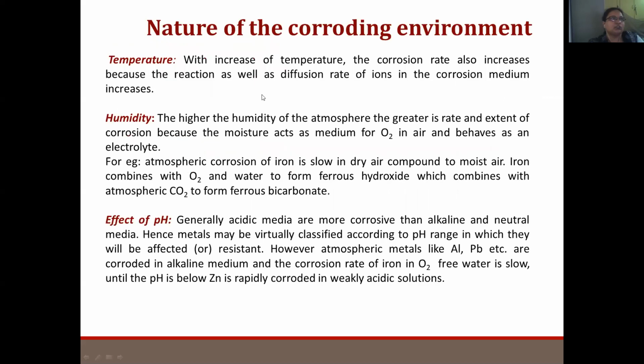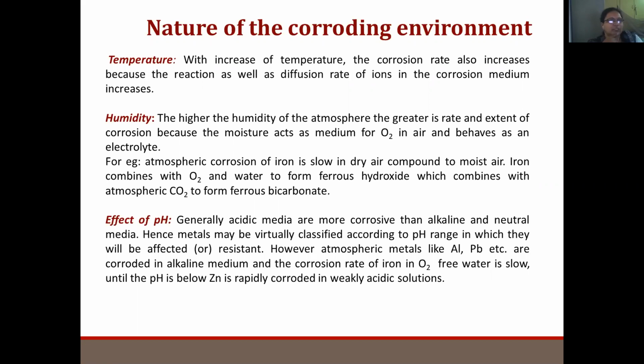The nature of the corroding environment. For this, we have temperature. That is, with increase of temperature, the corrosion rate also increases. Then humidity: the higher the humidity of the atmosphere, the greater is the rate of oxidation, isn't it? Because moisture is present there, so more electrochemical reactions take place, right? Which forms corrosion.